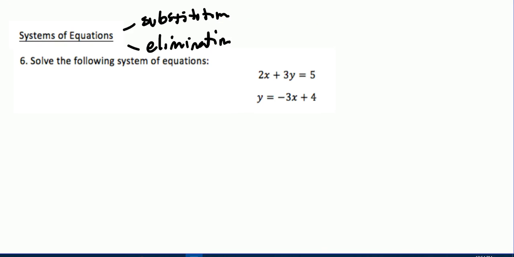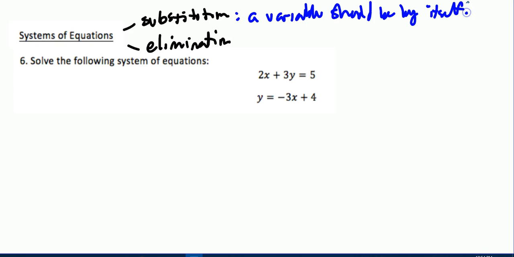Now, if you want to use substitution, it's not a hard and fast rule, but a variable should already be solved for. If you want elimination, again, not a hard and fast rule, but usually all variables will be on one side of the equation.